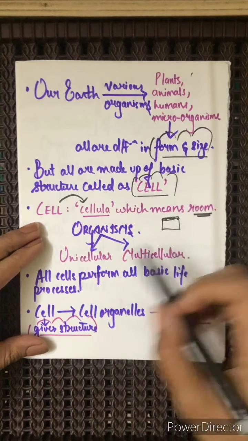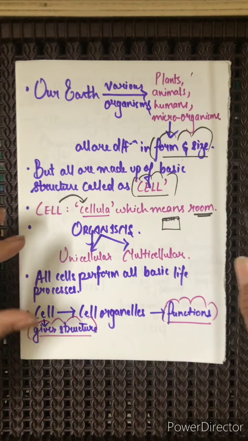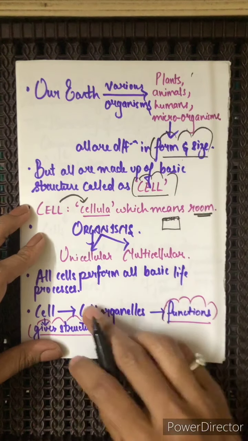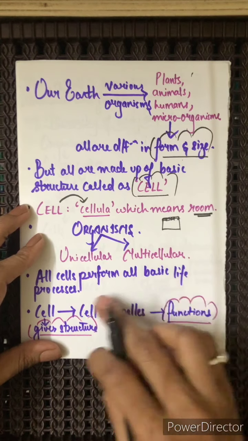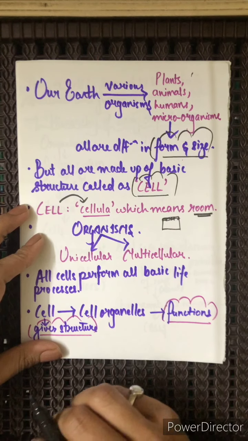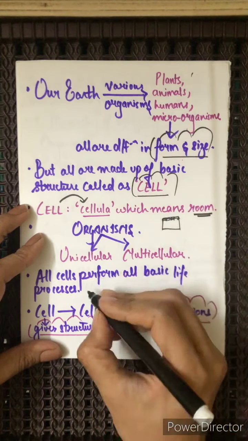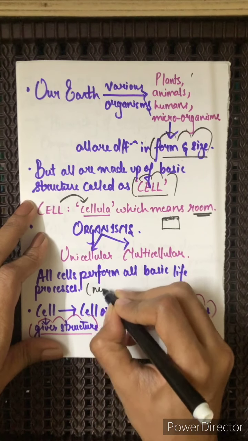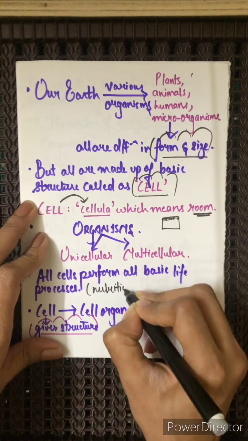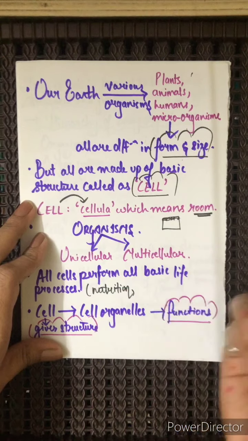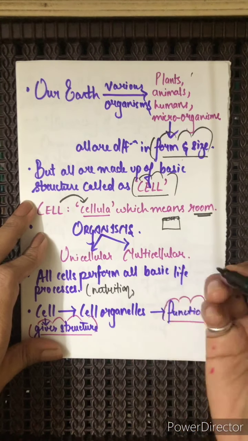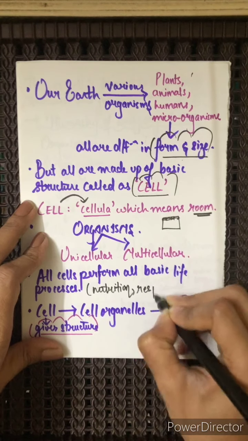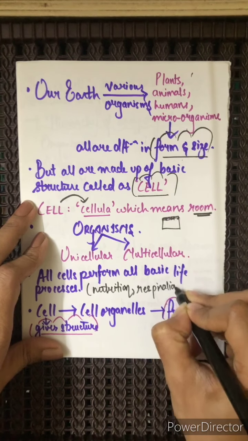Now all the cells, whether present in a plant, animal, human, or a single cell organism, perform all the basic life processes. That is, they do the process of taking in food, that is termed nutrition. All the cells perform the process of taking in oxygen, giving out carbon dioxide, breaking down the food, that is termed respiration.